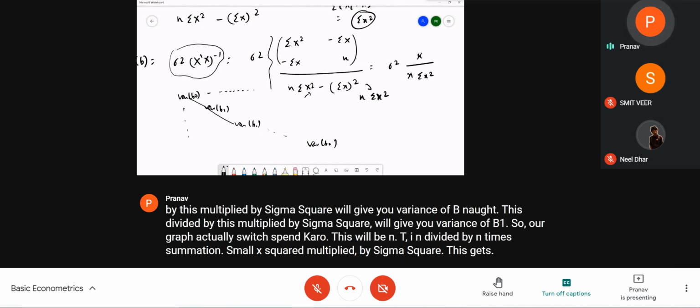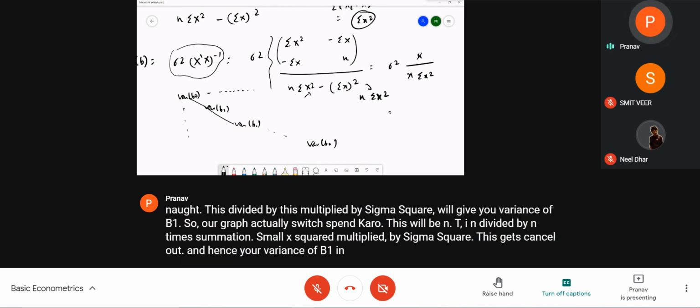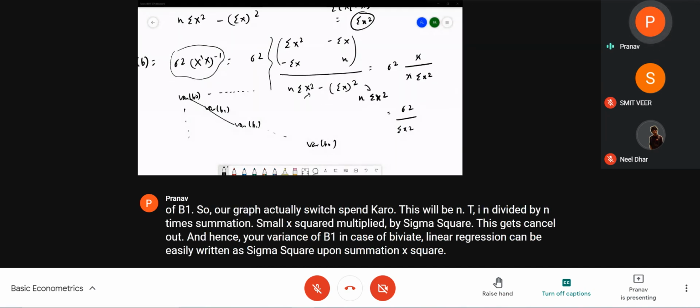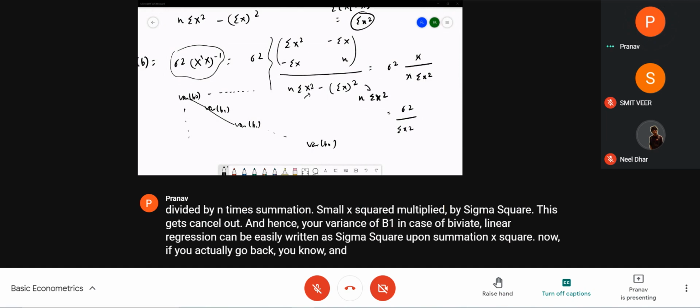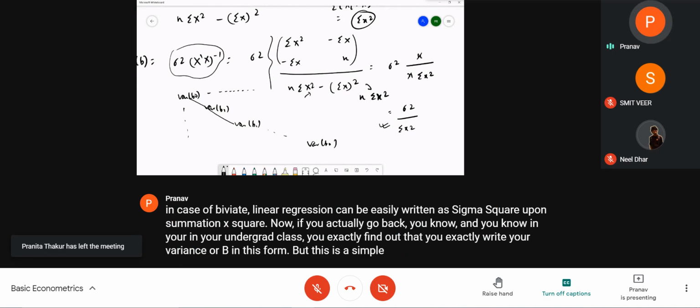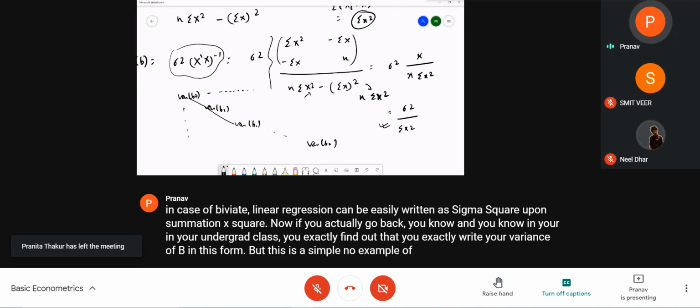This gets cancelled out, and hence your variance of B1 in case of bivariate linear regression can be easily written as sigma square upon summation x square. Now, if you go back to your undergrad class, you'll find out that you exactly write your variance of B in this form. But this is a simple example of bivariate linear regression function.